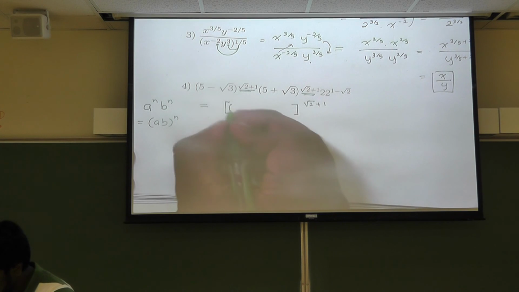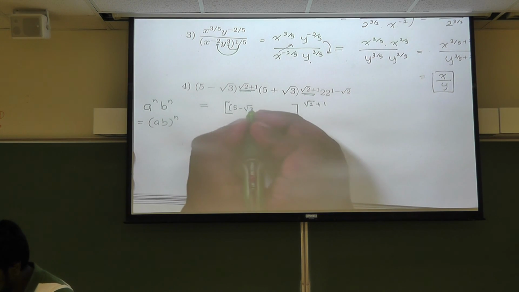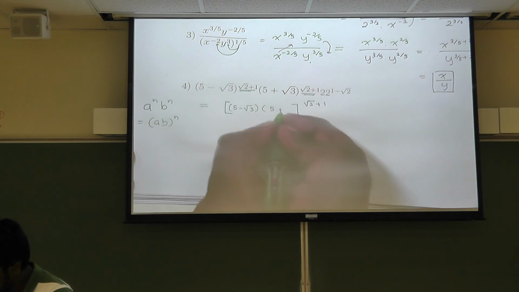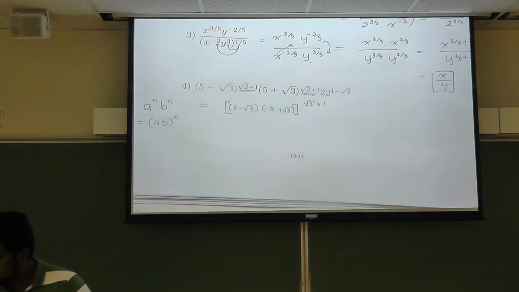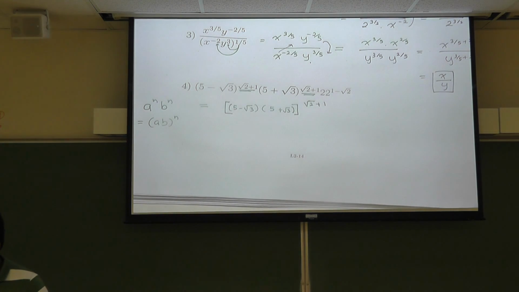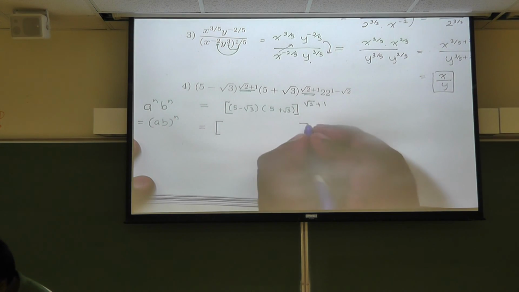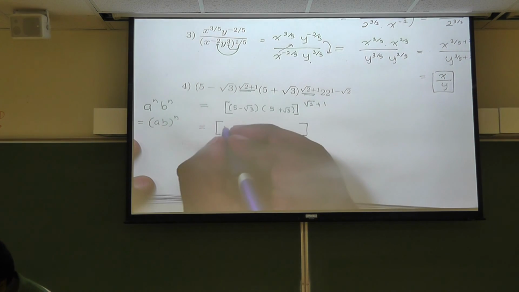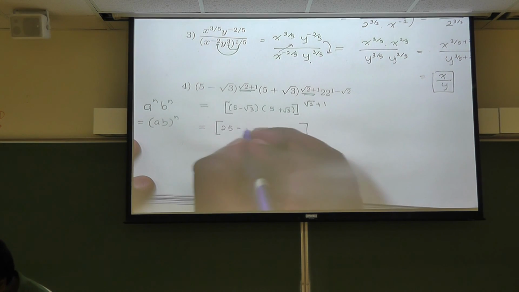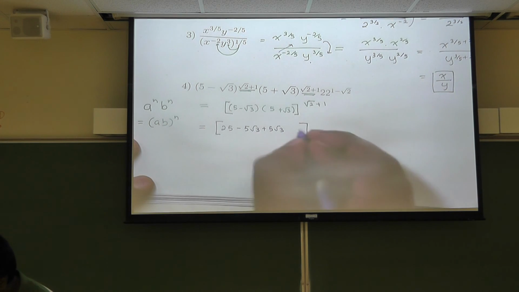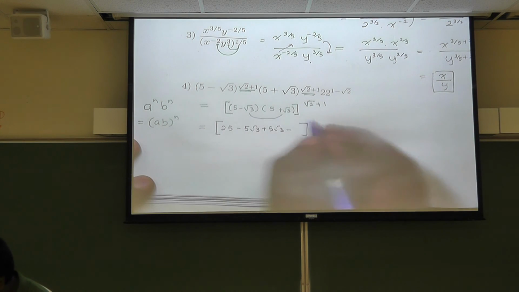So what I get is 5 minus root 3, 5 plus root 3. And you can FOIL this. Again, because we did not come to special product, let's FOIL this. So 25 minus 5 root 3 plus 5 root 3 minus root 3 times root 3 is 3.